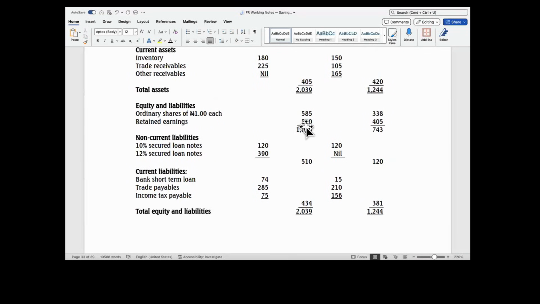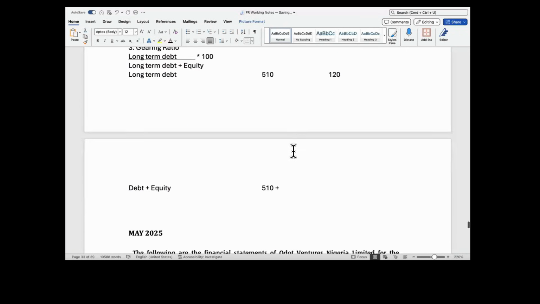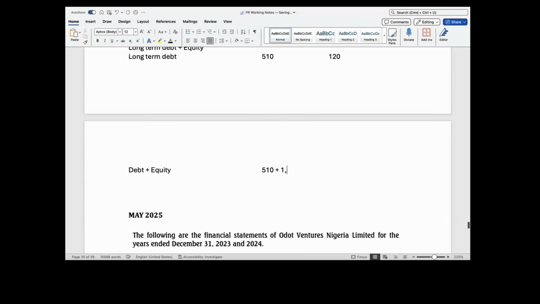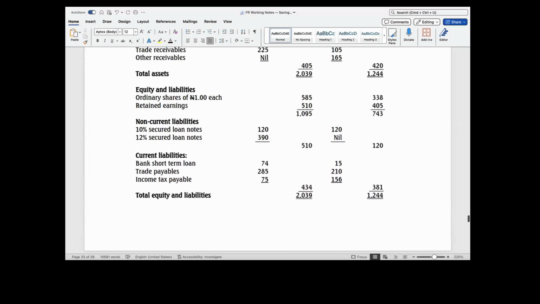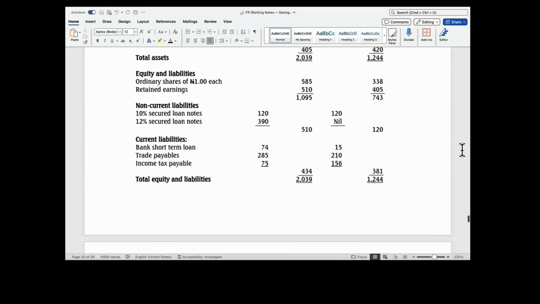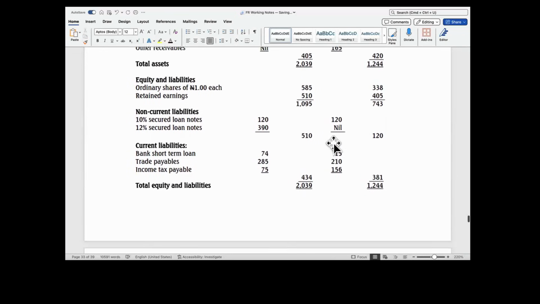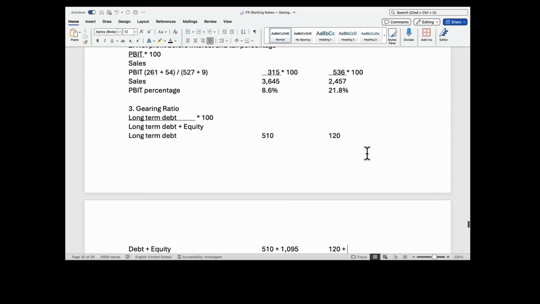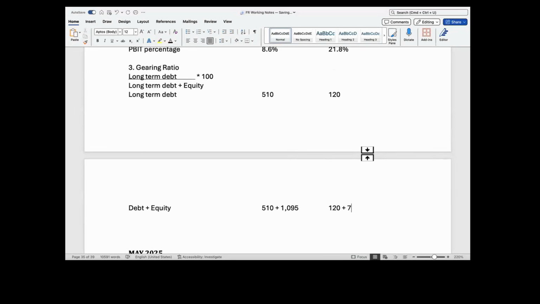That's 1095. Okay, 1095. And this one is 120 plus, what's the equity here? 743. Okay, so let's get our ratio.